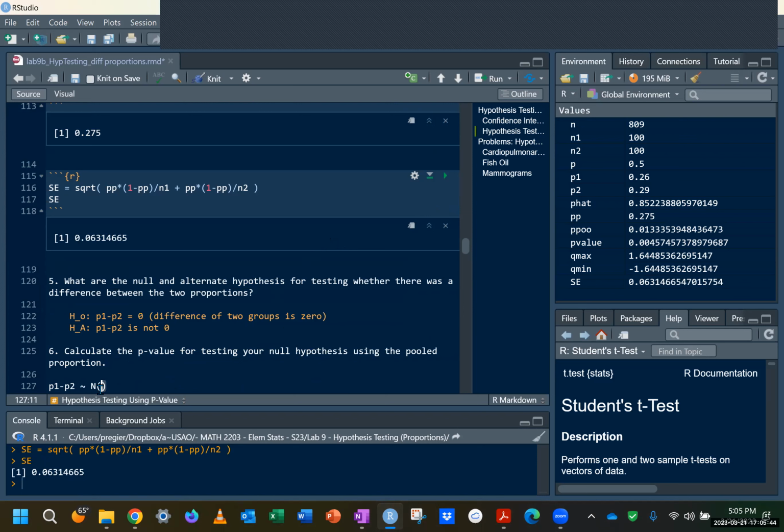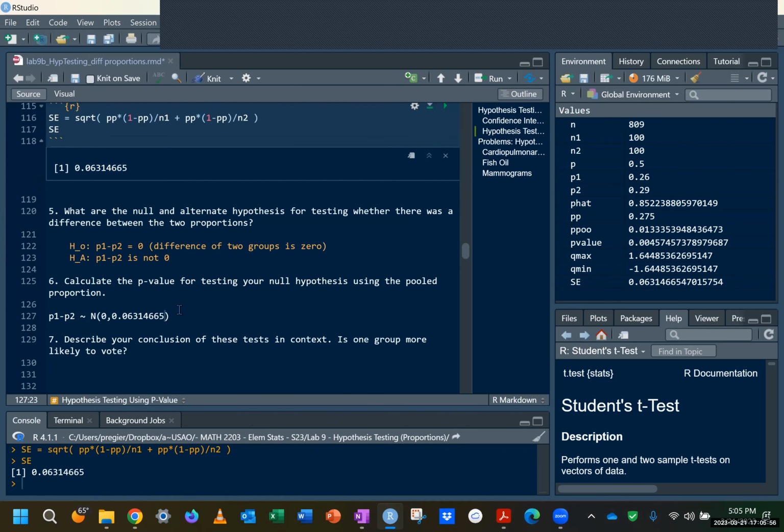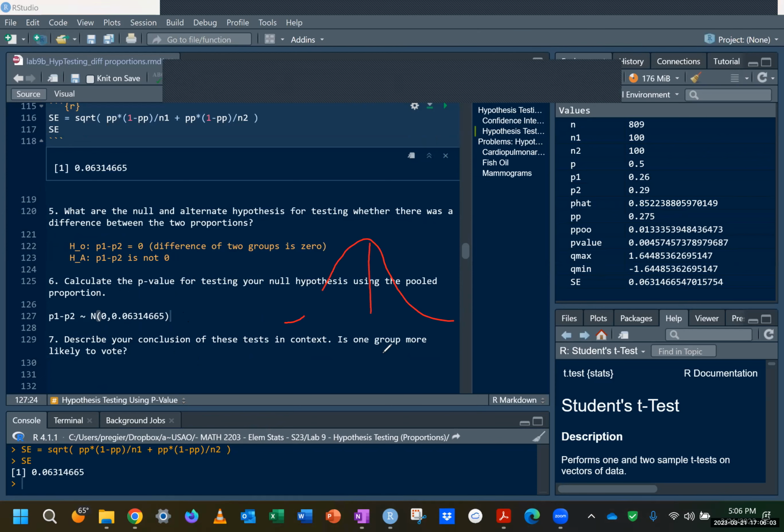It's distributed normal, 0, because the mean is going to be 0, and this is my standard error. So please don't stop once you find the standard error. That just tells us my distribution. Here's the shape of what I sampled from. It's got a 0 center. The standard error is something like 0.06.